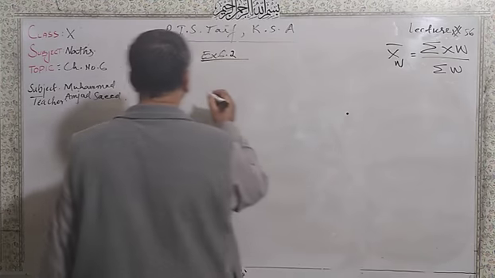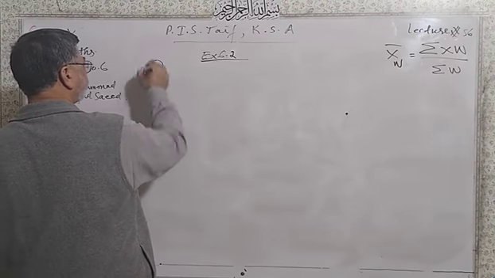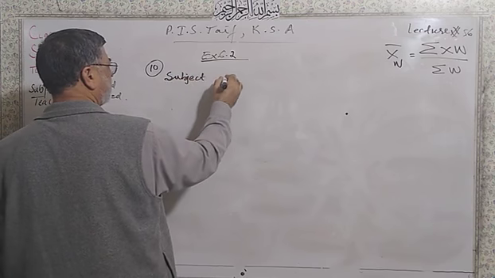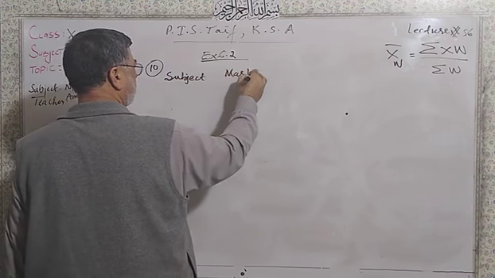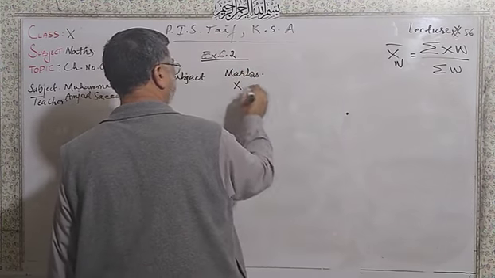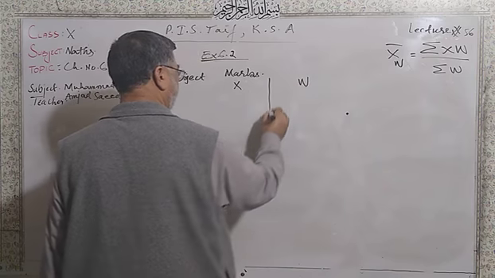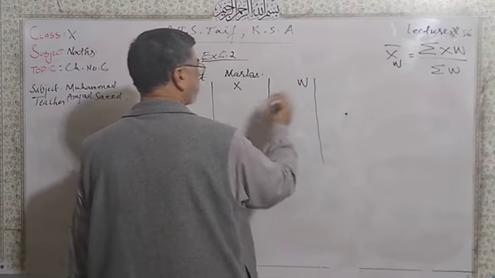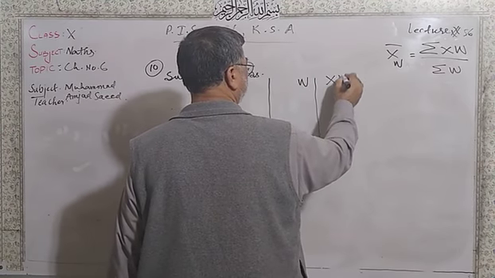Here is the subject, marks, this is x, and the weight is also given. The next column is xw.